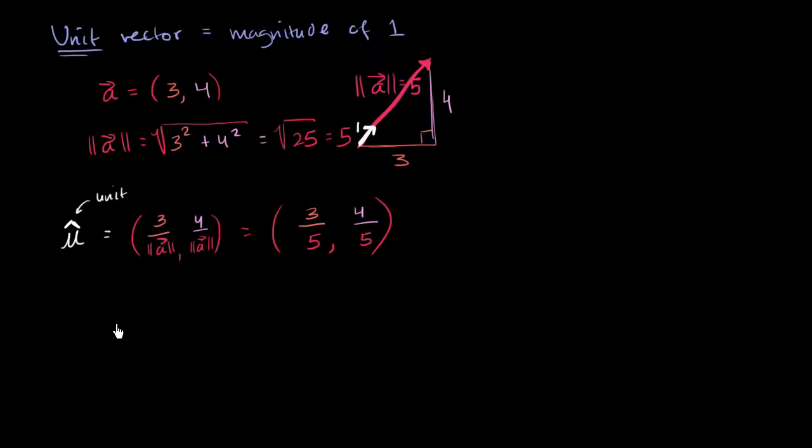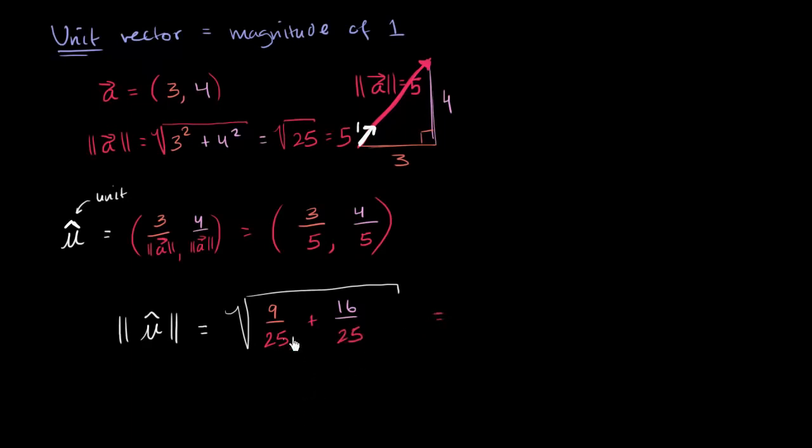Let's do that. So what's the magnitude now of our unit vector U? Well, it's going to be the square root of the sum of the squares of these two components. The square of 3/5 is 9 over 25, plus the square of 4/5 is 16 over 25.